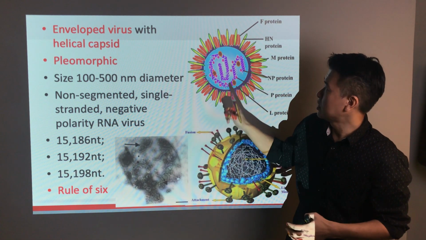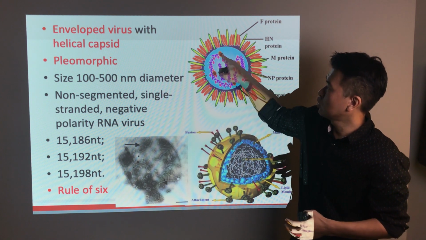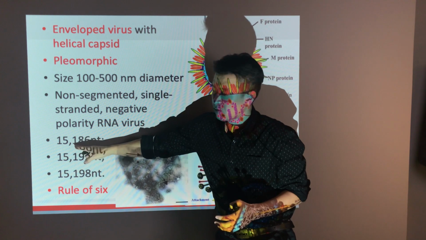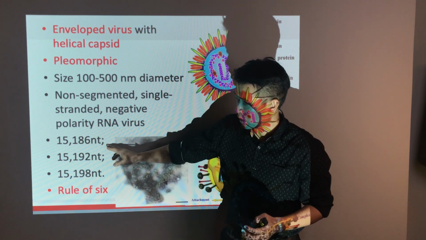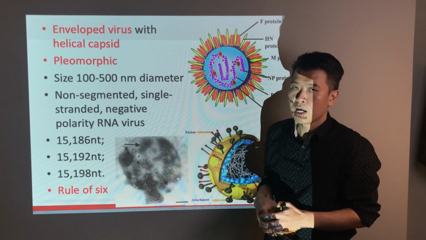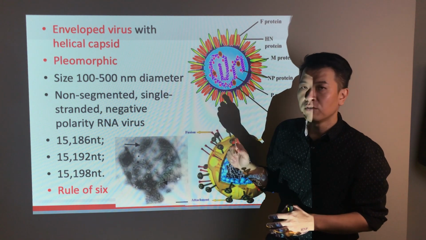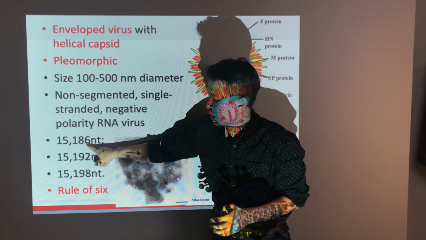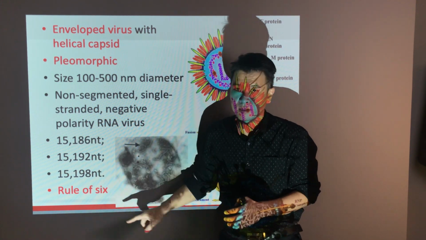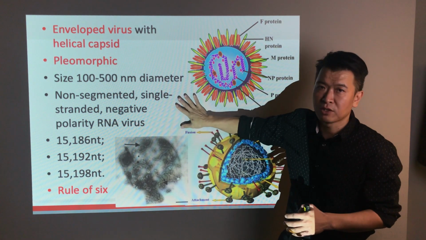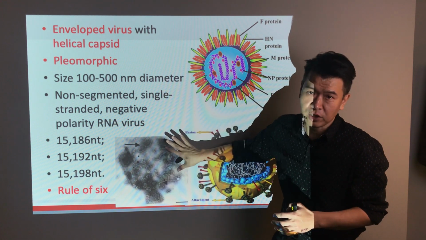The total size of the RNA can be 15,186 nucleotides, 15,192, or 15,198 nucleotides. If you look carefully, you will notice that all of these can be divided by 6. This is a very important characteristic for Paramyxoviridae, and for NDV.